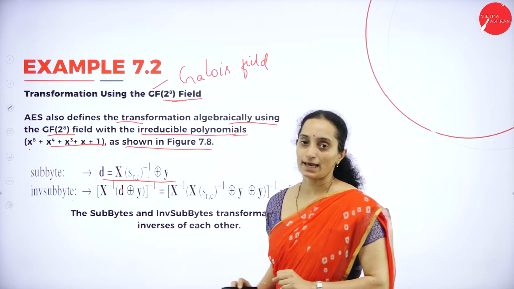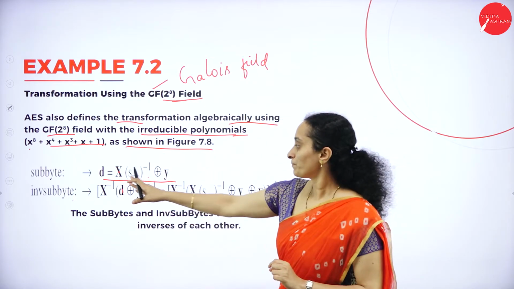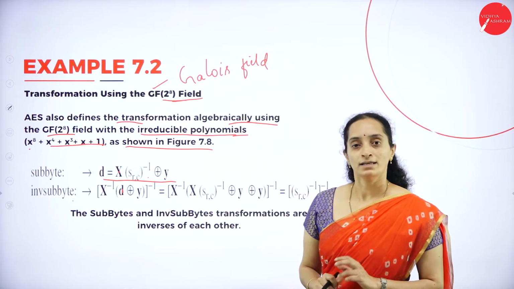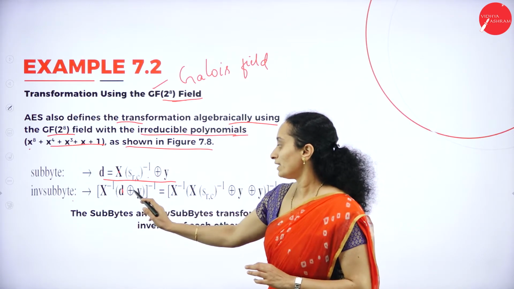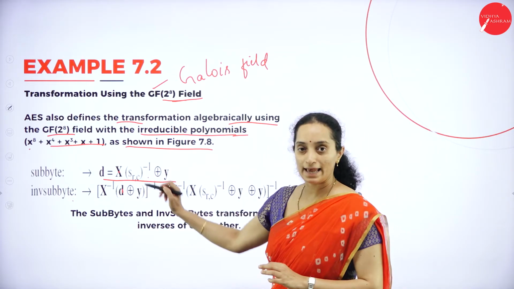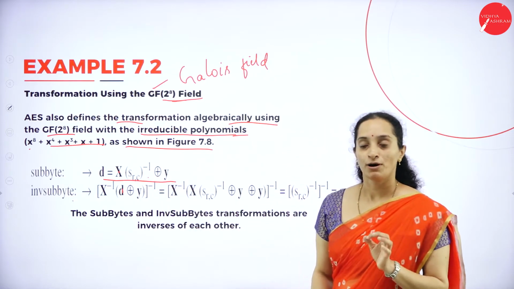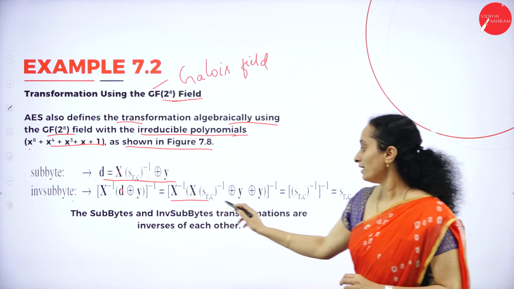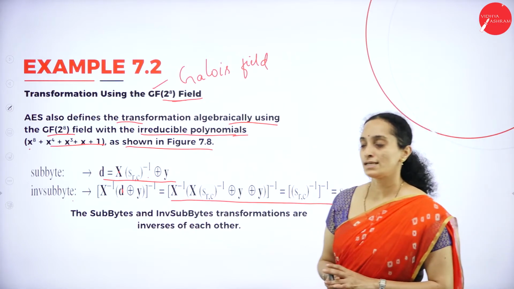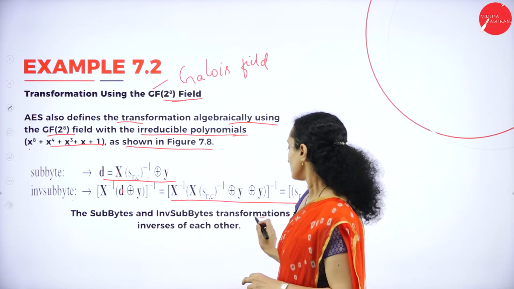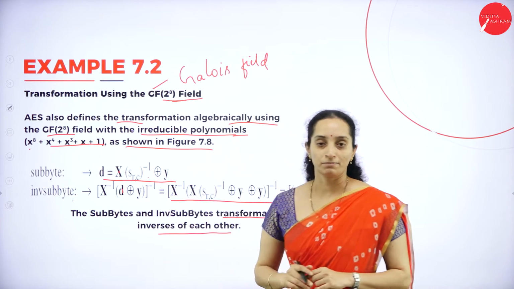We perform the XOR operation on the x and y representation, so d XOR y to the power of -1, which can be deduced to this representation. So what is the meaning of this?